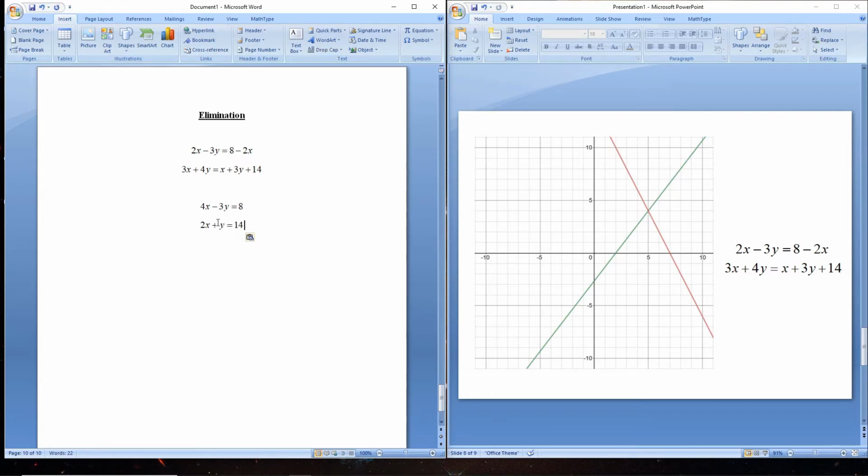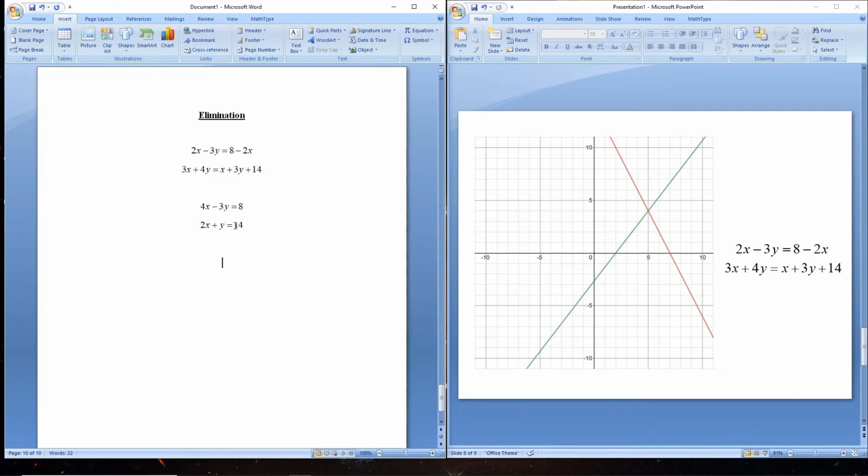So here are the two equations once we combined all the terms and simplified it. And if we look, the x's don't have the same coefficient, and the y's don't have the same coefficient. So in order to use elimination here, we do have to get one of the letters to be the same coefficient.